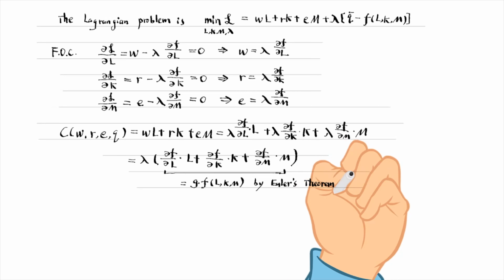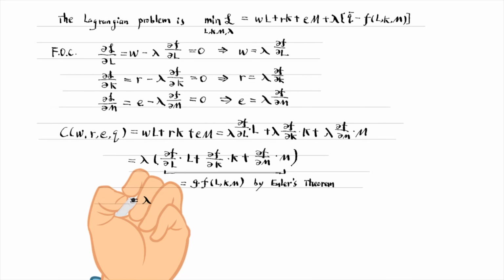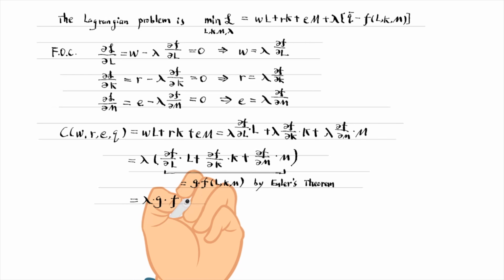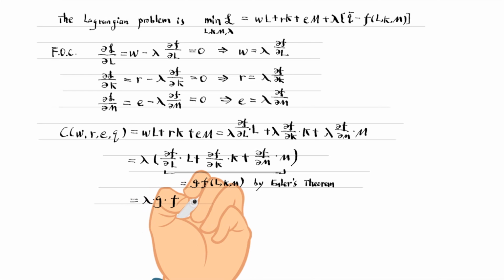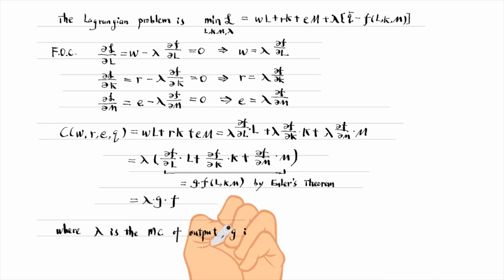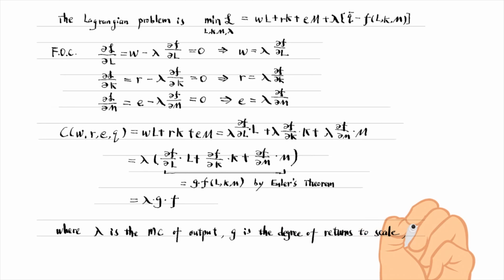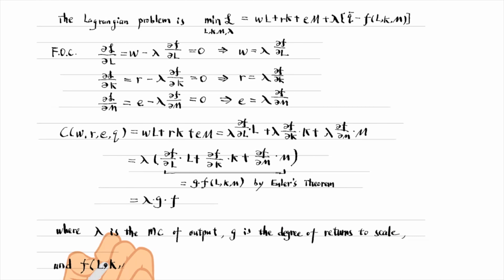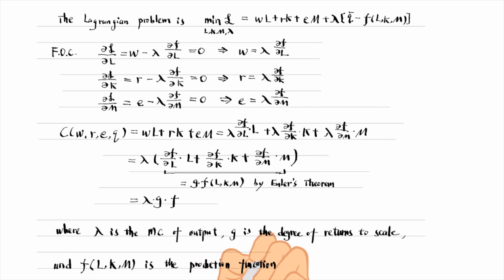As a result, the cost function can be written as lambda times g times f, where lambda is the marginal cost of output, g is the degree of returns to scale, and f is the production function. This equation relates the long-run cost function to the production function and the degree of returns to scale.